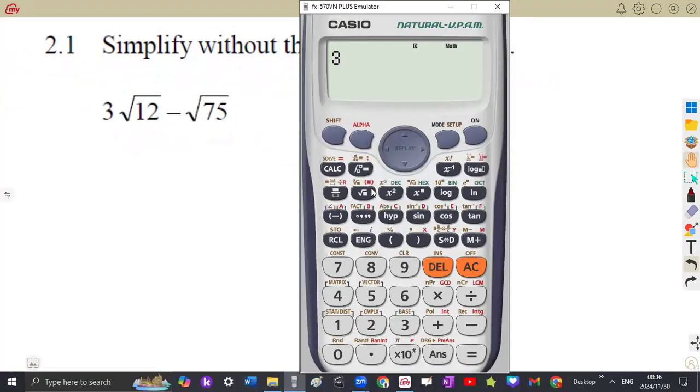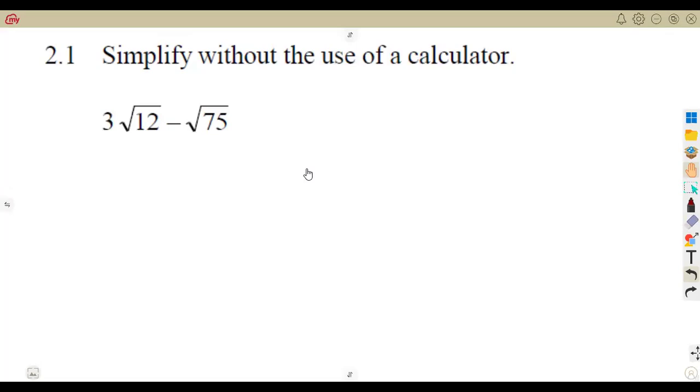Let's say we have 3 square root of 12, then we subtract the square root of 75 like this. You can see that you're going to obtain the square root of 3. So as you are working out, you know that the answer is supposed to be the square root of 3. But how can we obtain that without the use of a calculator?